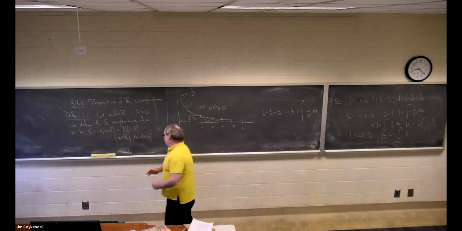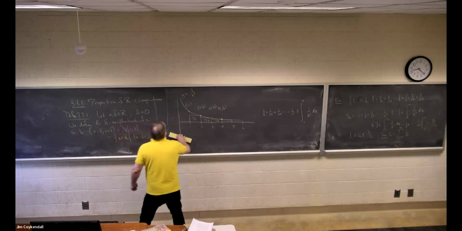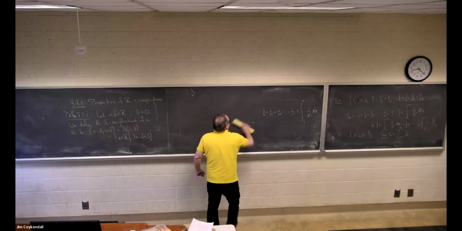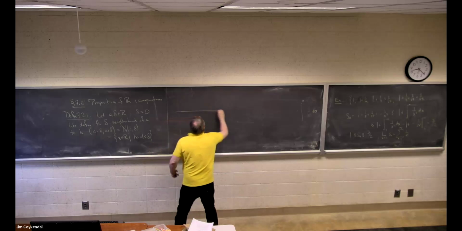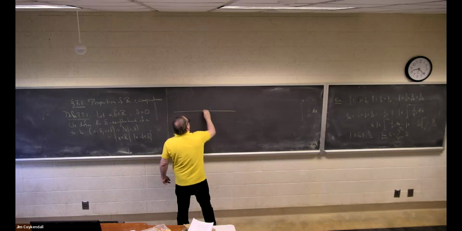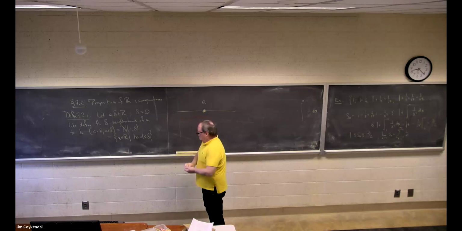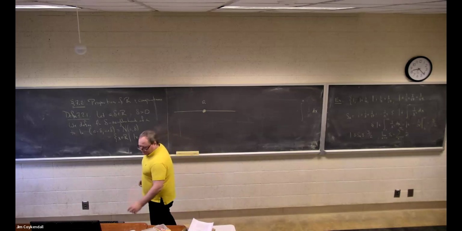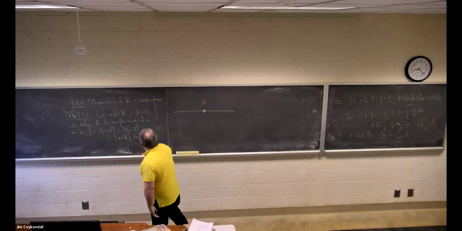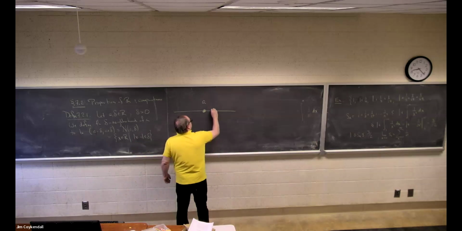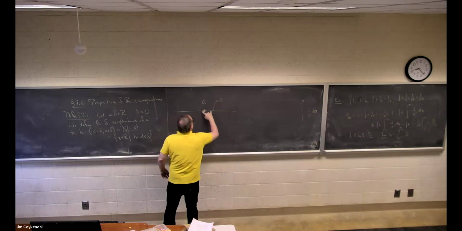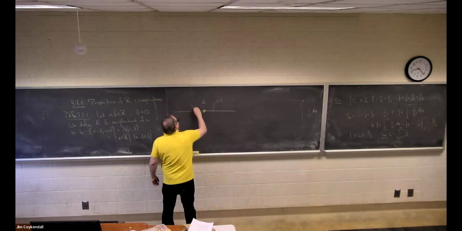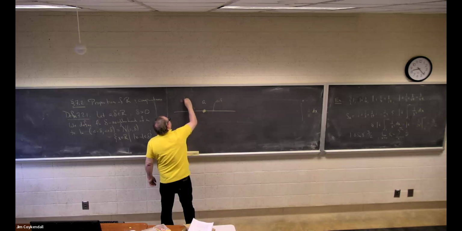Let me draw you a picture of this. This is all there is to this. You've got some point on the real line, we'll call it a. And you pick some delta. Delta's like a little measure, just a little length. This is the point a plus delta. Let's measure it off. This is the point a minus delta.